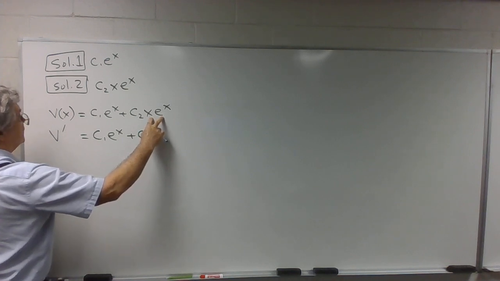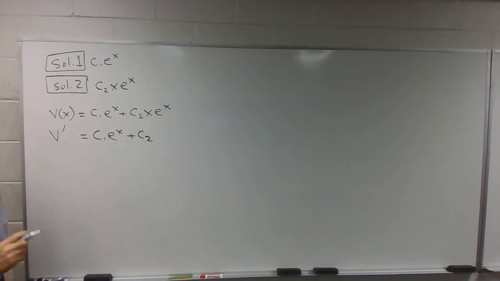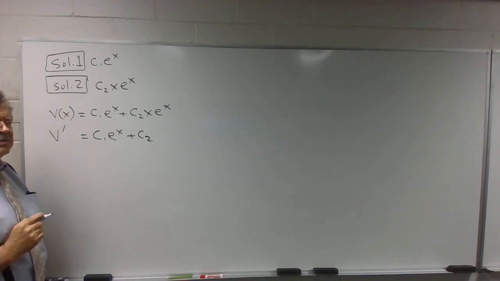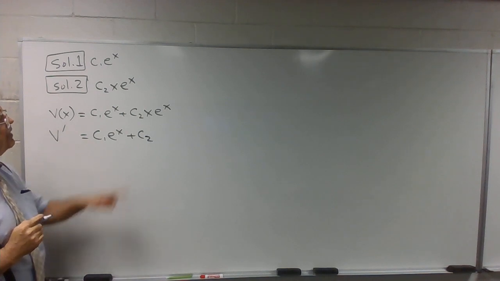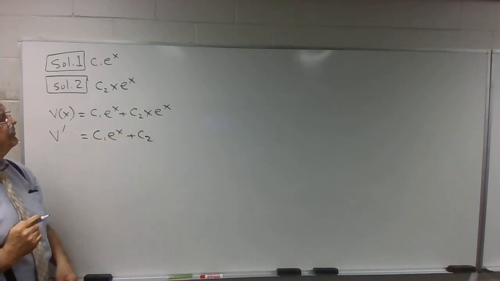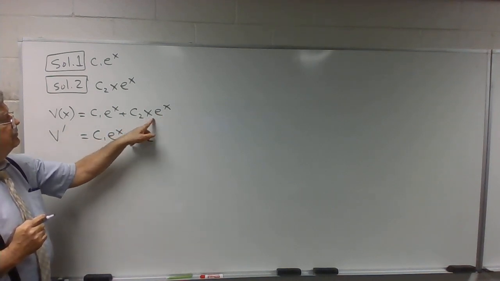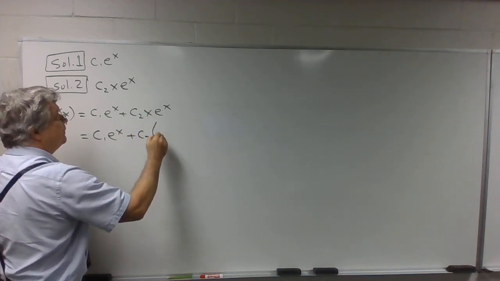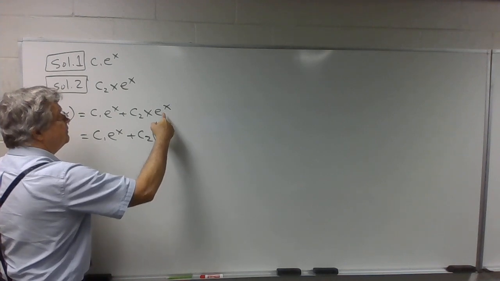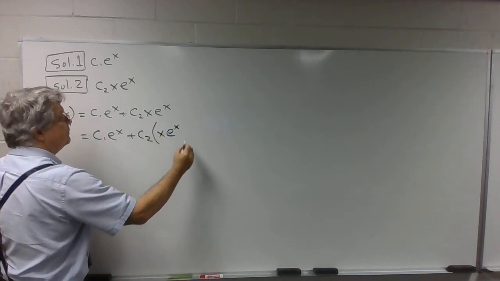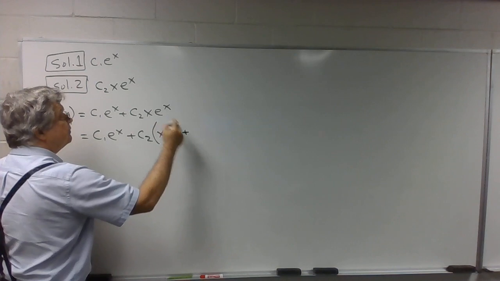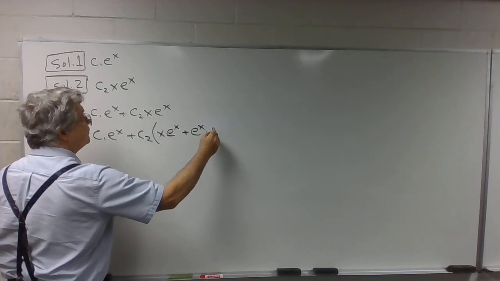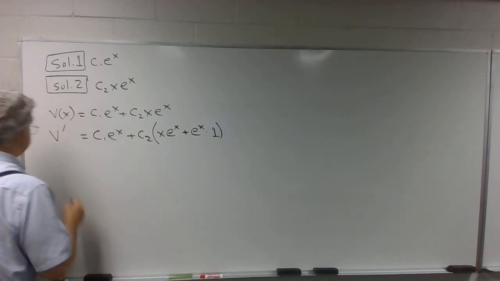This is a product. We're going to have to use the product rule. Most of you didn't have me for Cal 1, so the form of the product rule that you probably learned was first times derivative of the second plus second times derivative of the first. So here's first times derivative of the second, e to the x is its own derivative, plus the second, e to the x, times derivative of the first, there.